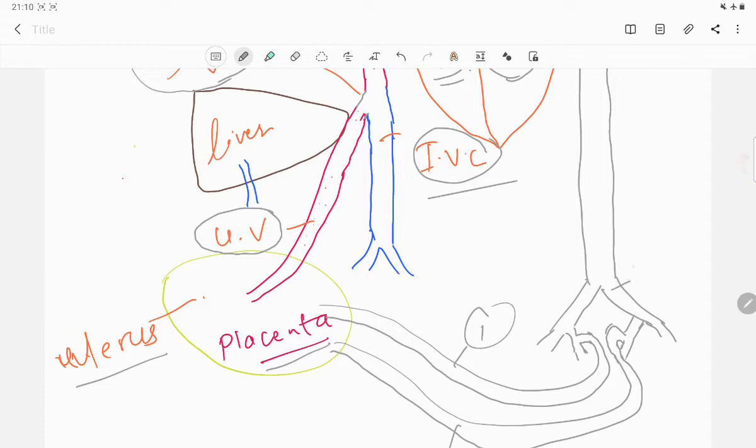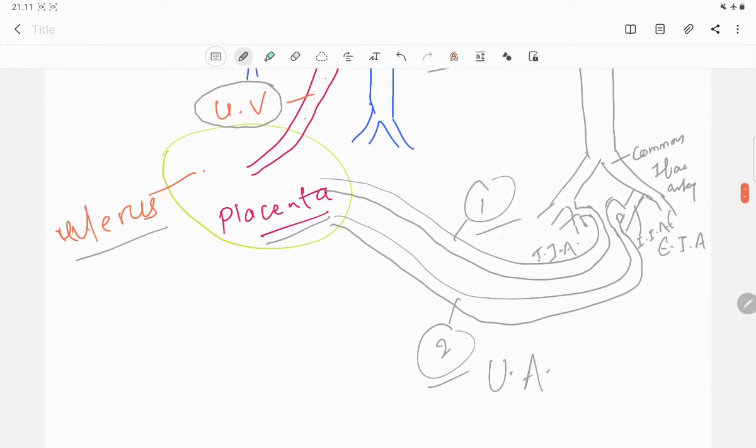We have our common iliac artery, our external iliac artery, and this one is our internal iliac artery, both sides. From the internal iliac artery there originate two umbilical arteries. Two umbilical arteries carry this deoxygenated blood back to the placenta and back to the mother's circulation.